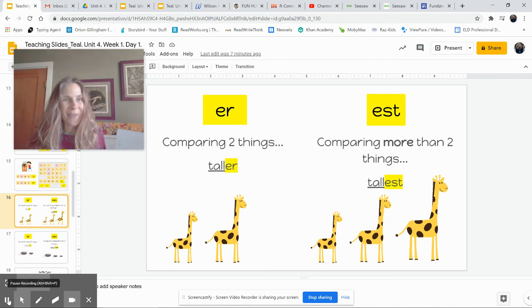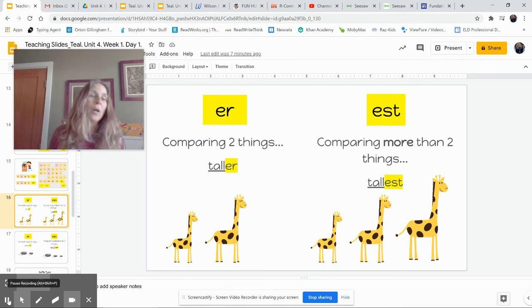Okay, you ready? So our first word is going to be the word softer, like the bunny was softer than the horse. So let's say softer. Now say soft, which is the base word. Tap out soft. Soft. Now we're going to write softer.